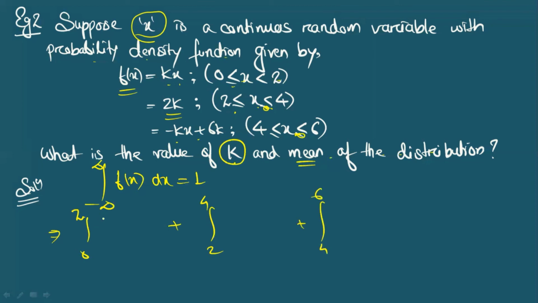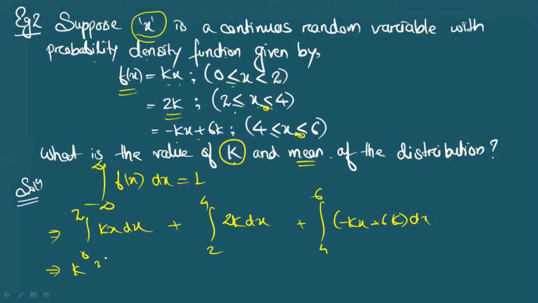So the value of f(x) for 0 to 2 is kx dx, here it is 2k dx, and here it is minus kx plus 6k dx. So now you will do the integration and put the limits.